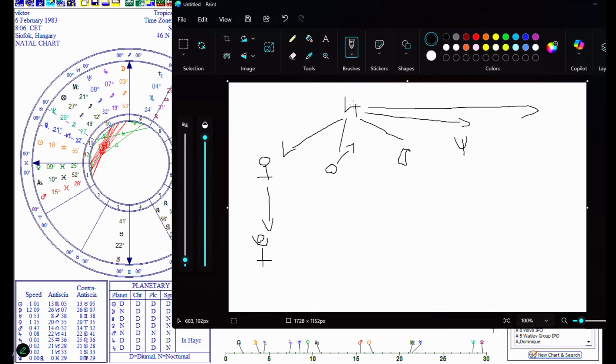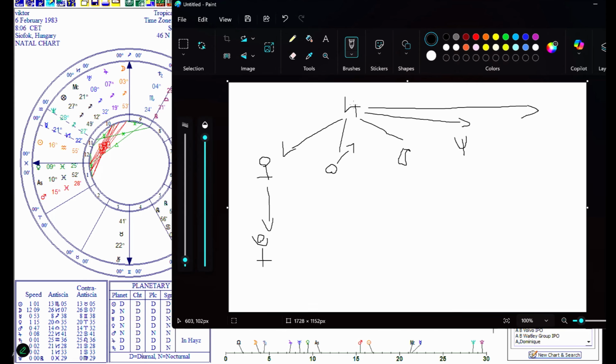A couple of extra notes that I want to make here, because the chart ruler can also become your final dispositor, just like in my own chart. And this is actually a different scenario. So imagine that you have an Aries rising sign, therefore the ruler of your rising sign is Mars, and Mars is going to be in Aries.